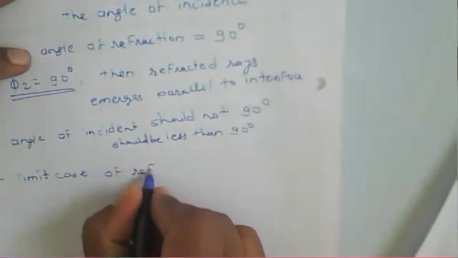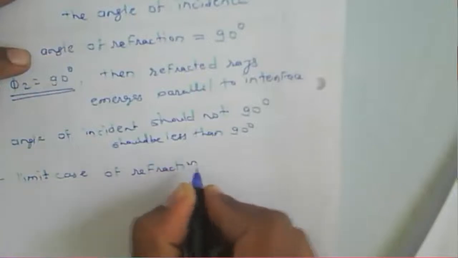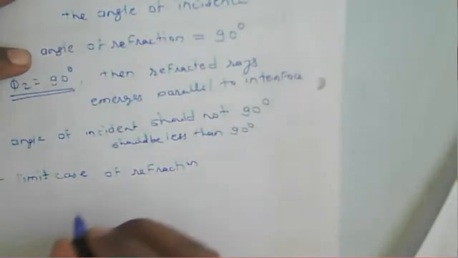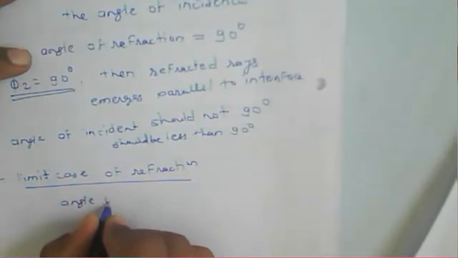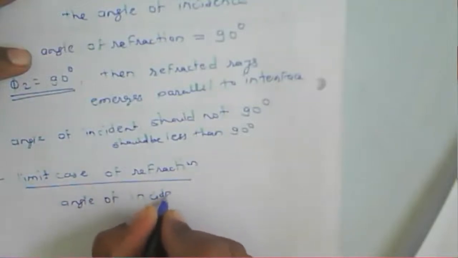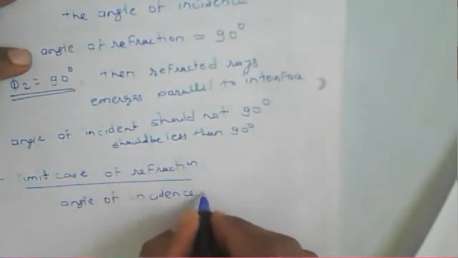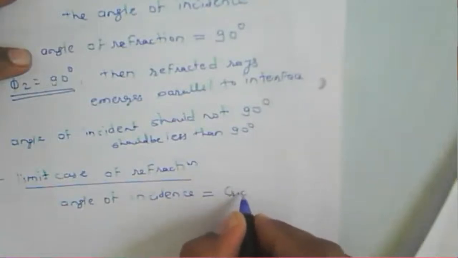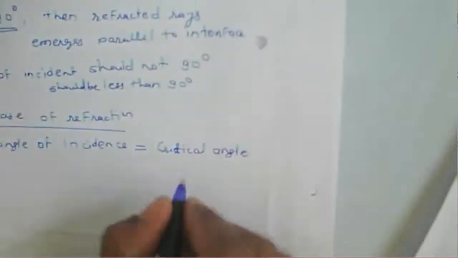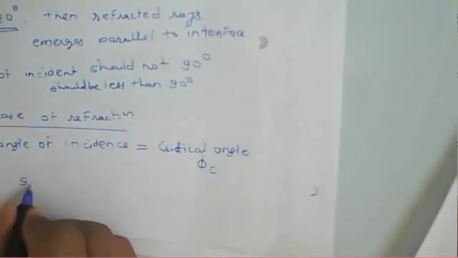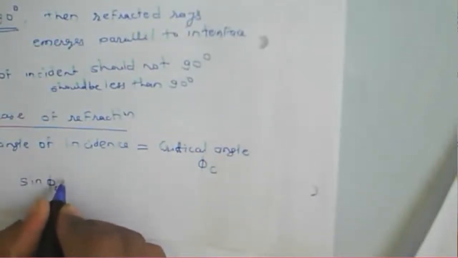That is the limiting case of refraction, where the angle of incidence is called the critical angle.